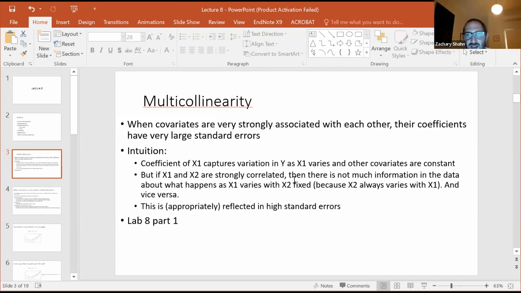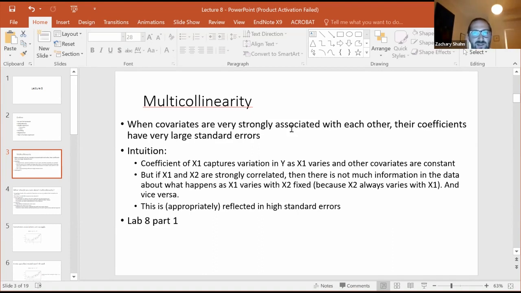So there's actually not a lot of information in the data about what happens when x1 varies and x2 remains constant, and vice versa. So the coefficients for both x1 and x2 wind up having very large standard errors. And this is appropriate because there really isn't a lot of information in the data to tease apart the relative effects, not causal effects, but effects of associations between x1 and the outcome and x2 and the outcome.